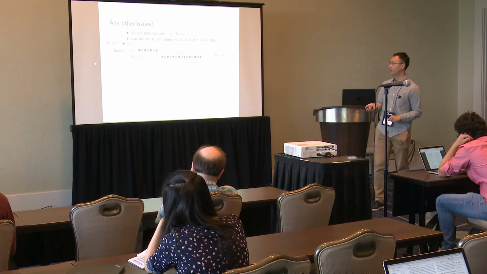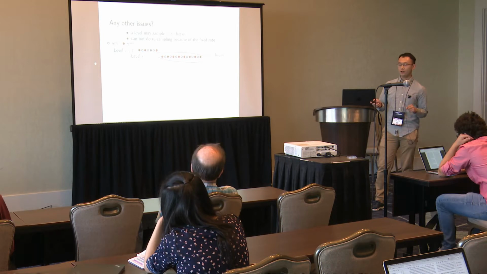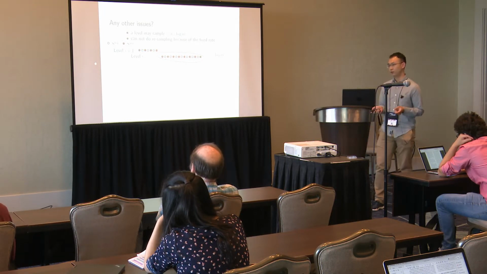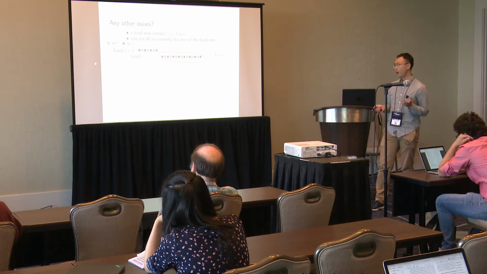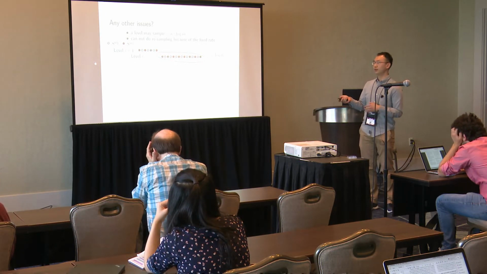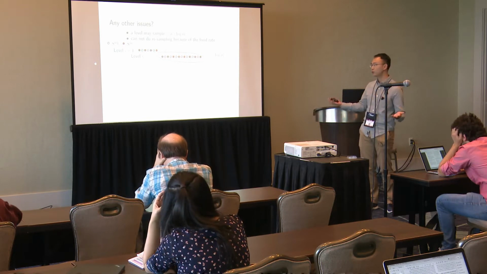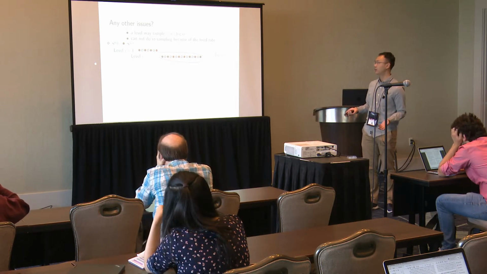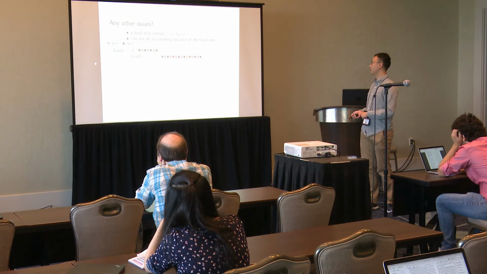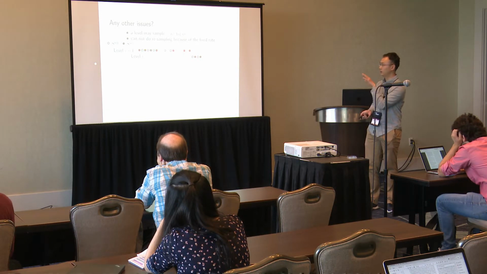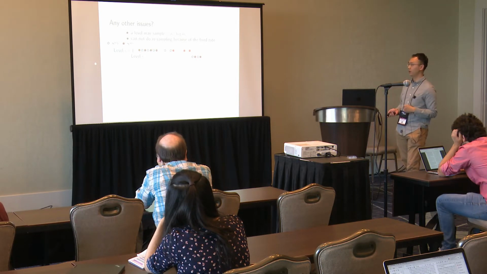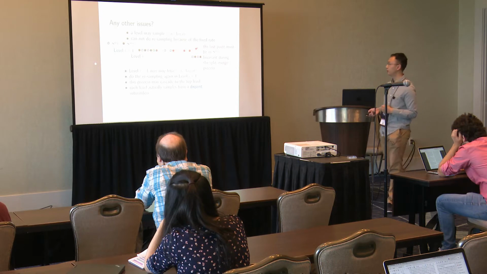Because now we have a fixed sample rate, for a certain level it's possible it has too many pairs being maintained, so we need to resample. We'll skip this technical detail. If you are interested, you can come to our poster session and we can explain in more detail.